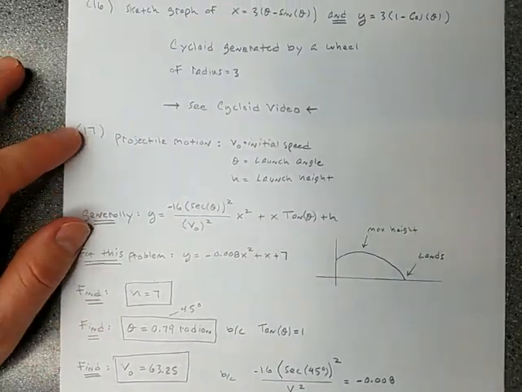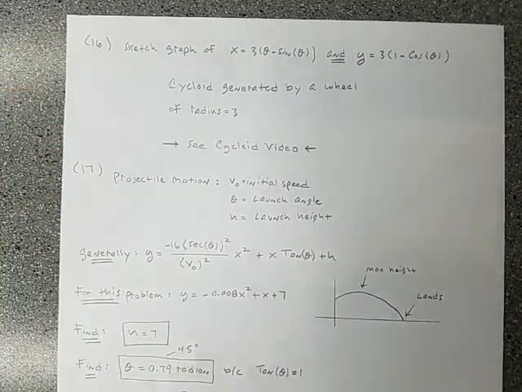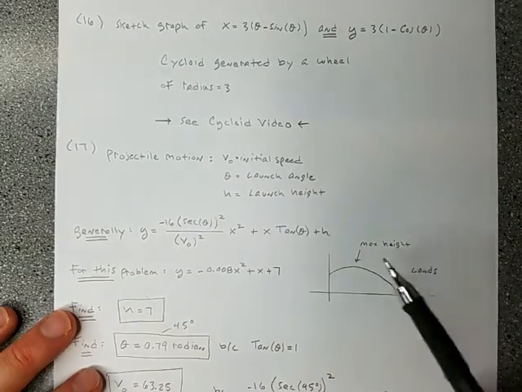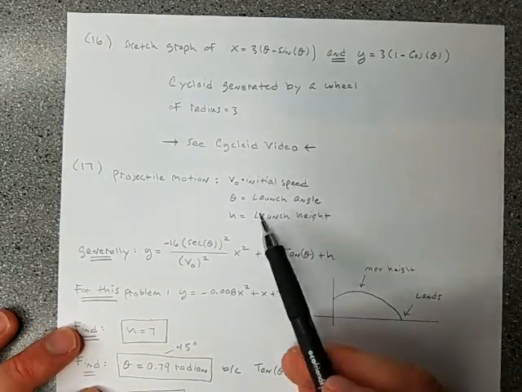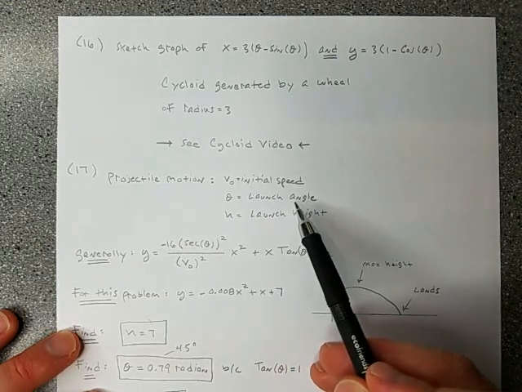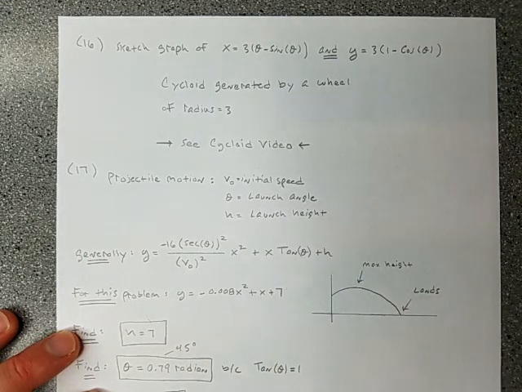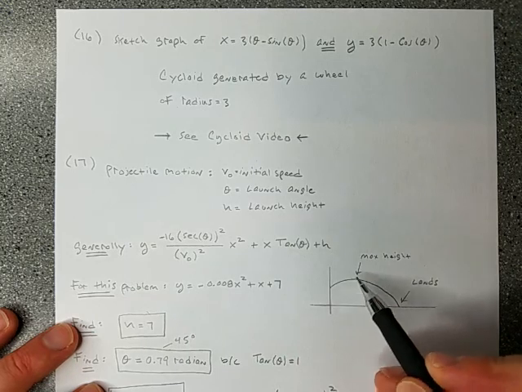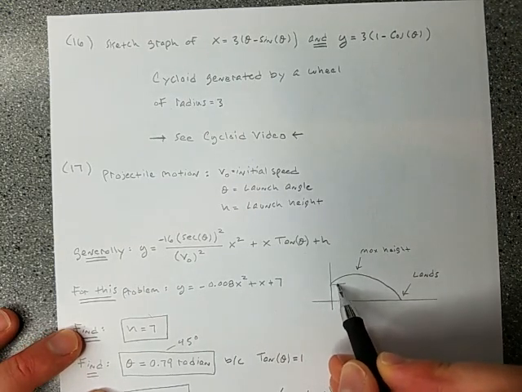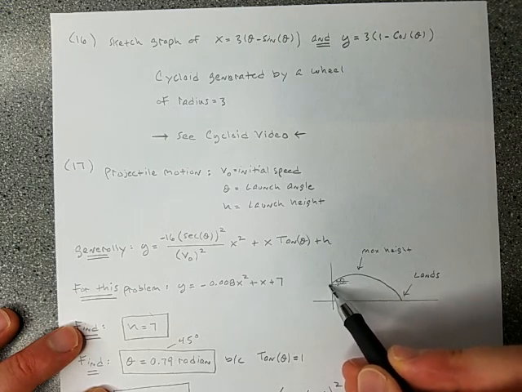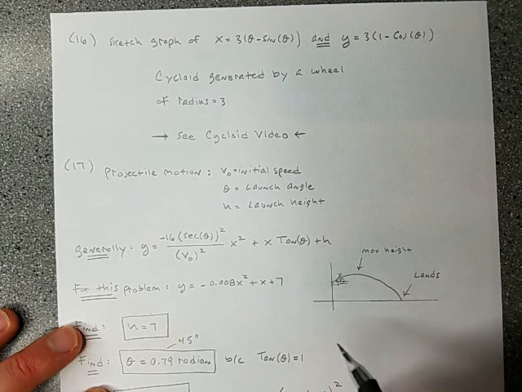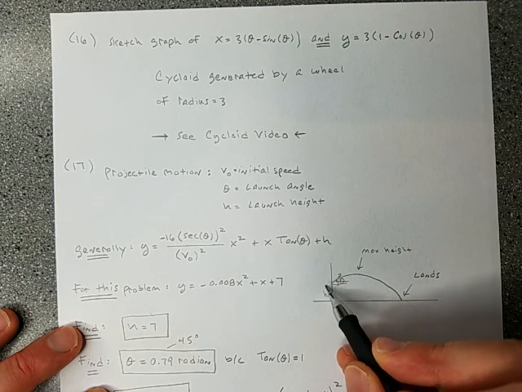Let's look at 17. Suppose we have projectile motion as something is launched at some initial speed with some initial launch angle to the horizontal at some initial height. So like we launched this projectile at a certain angle theta to the horizontal direction and a certain speed right off the bat and at a certain height above the ground.